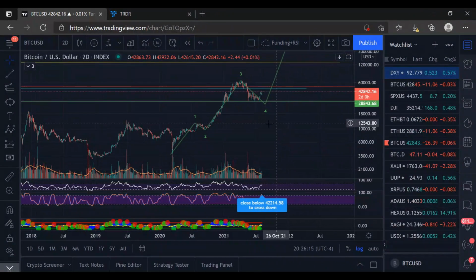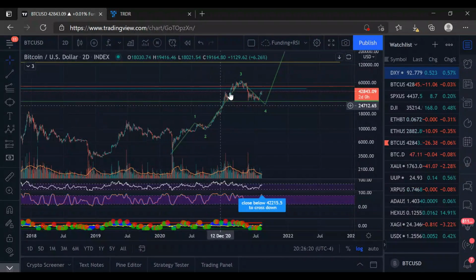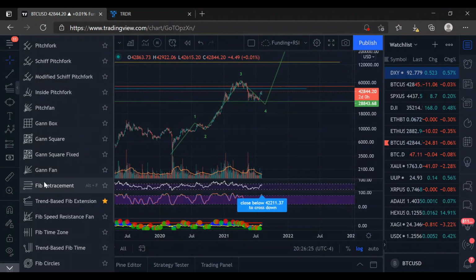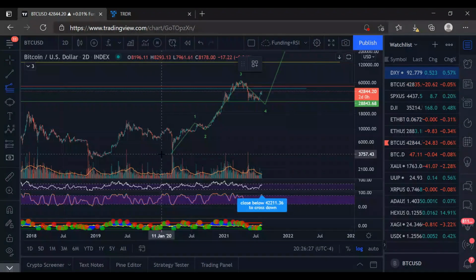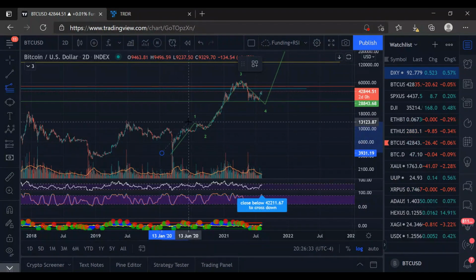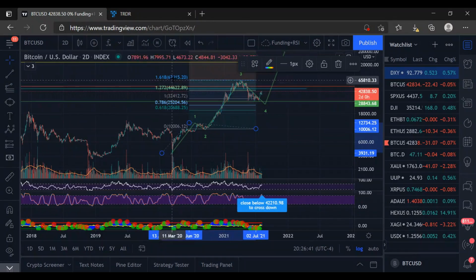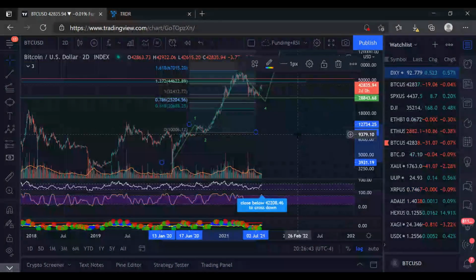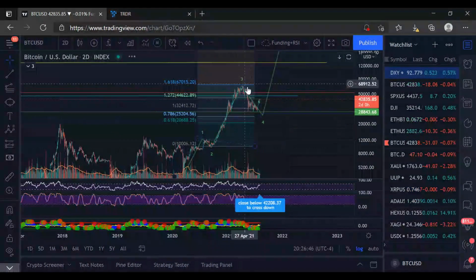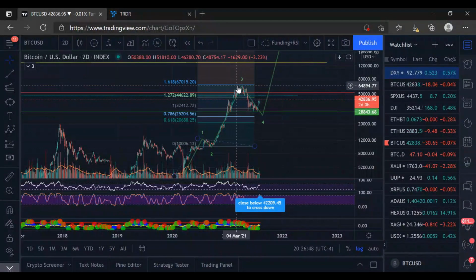If this is wave 1 and a very shallow wave 2, deep wave 4, we'll take a measurement from the bottom, which was 38,000 something, to the top of proposed wave 1, and to the bottom of wave 2, we hit the 1.618 pretty dang close. They were right in that area. I was actually expecting 67 to 69,000 before going down, but didn't get it.